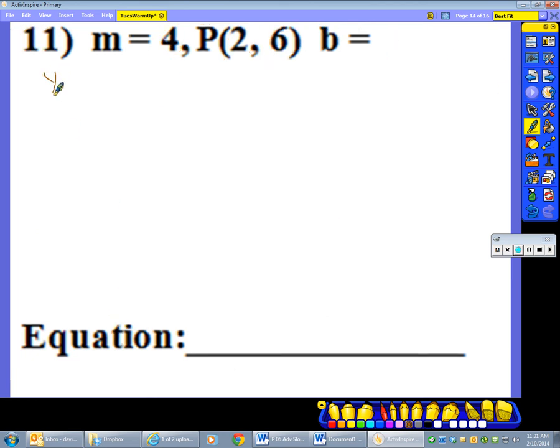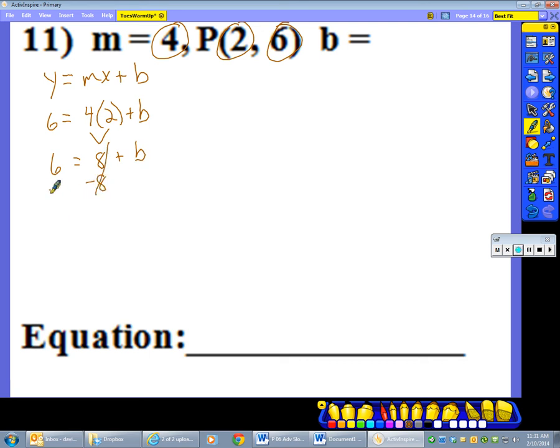Number 11, y equals mx plus b. So my y value is 6. My m, or my slope, is 4. My x value is 2. And I'm trying to figure out my b value, or my y-intercept. 4 times 2 is 8. Bring down the rest of my equation. The opposite of 8 is subtracting 8.